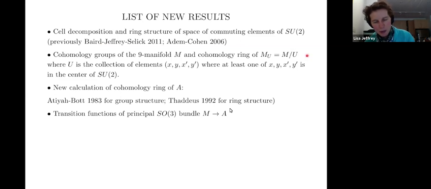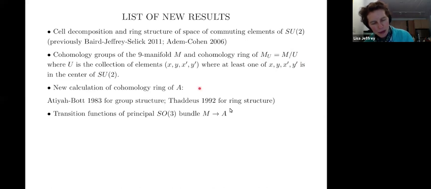Another thing that we are able to obtain is results about the cohomology groups of the 9-manifold, which is the space of representations of the fundamental group before conjugation, and results about the quotient of this manifold where you collapse the subset of elements where at least one of the elements is in the center of SU2, so it's plus or minus the identity. And we obtain a new computation of the cohomology ring of the space of conjugacy classes of representations.